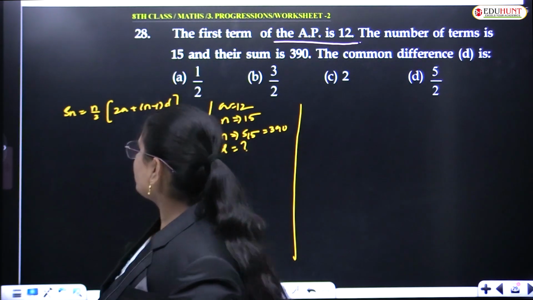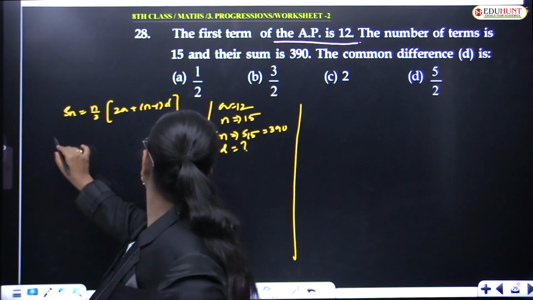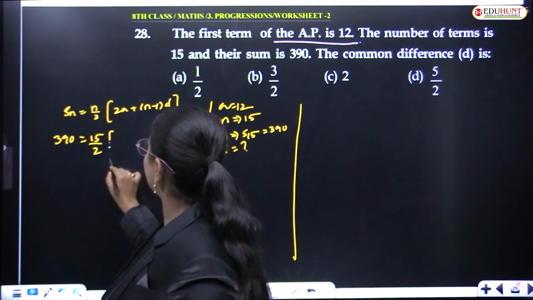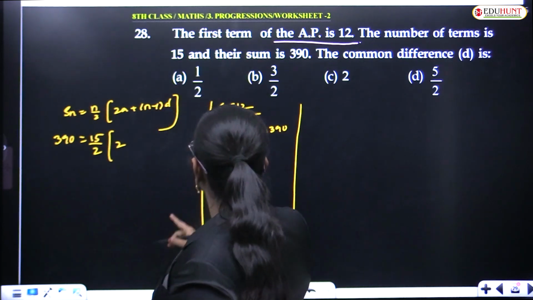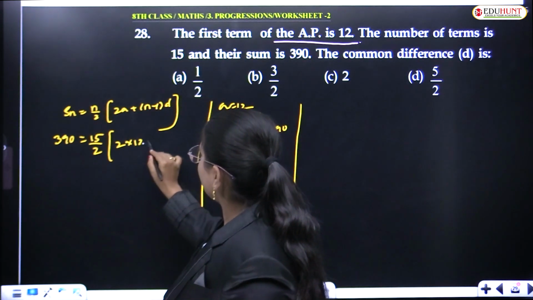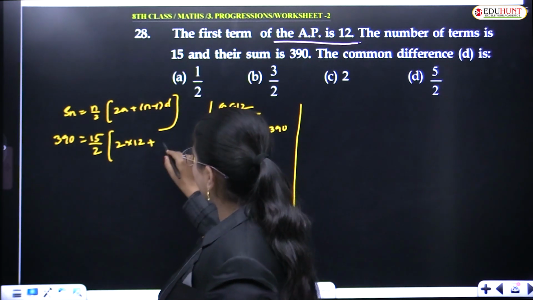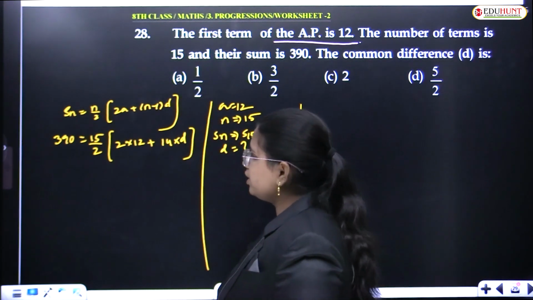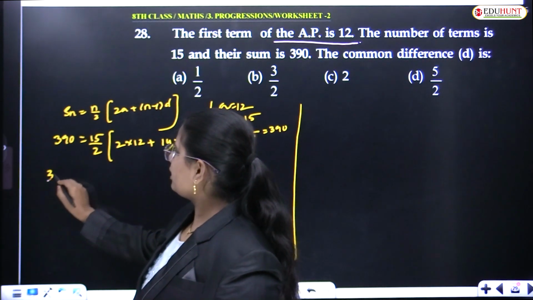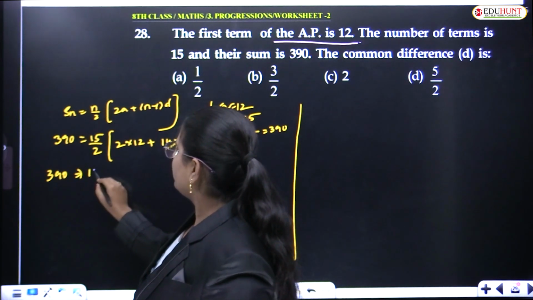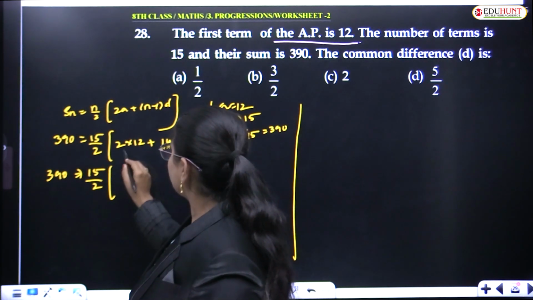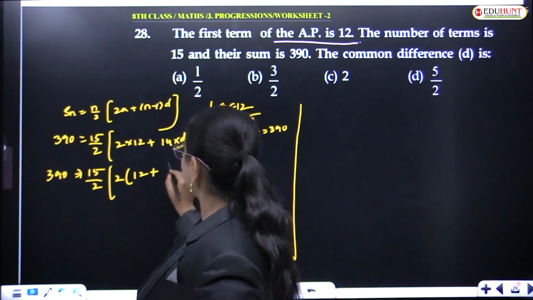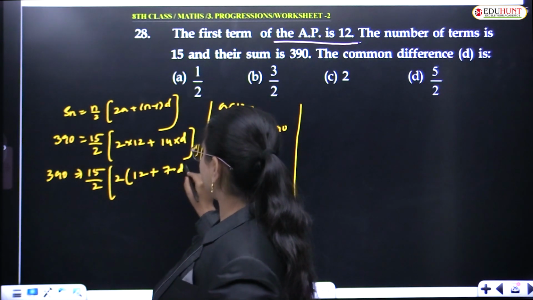So 390 is equal to 15 by 2 into 2 times a, and a is 12, 12 plus 15 minus 1 is 14, and d here is unknown, so 14d. So 390 is equal to 15 by 2. Take 2 common from this. What will be left over? 12 plus 14, which is 7d.